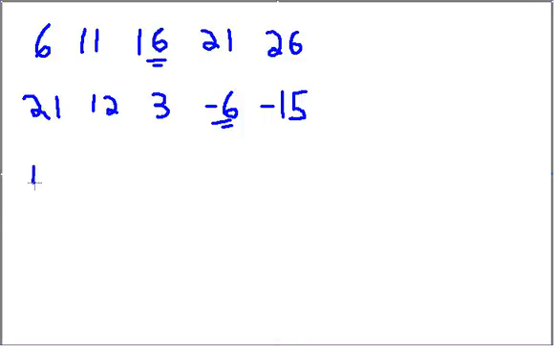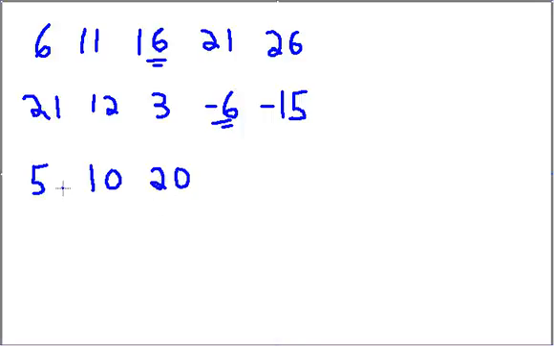Let's take a look at another sequence. 5, 10, 20. What did we have to do to the first to get to the second? Well, you could say we added 5. But if that's the pattern, then when we add 5 to 10, we should get our third term. But we don't. 10 plus 5 is 15. Our third term is 20.